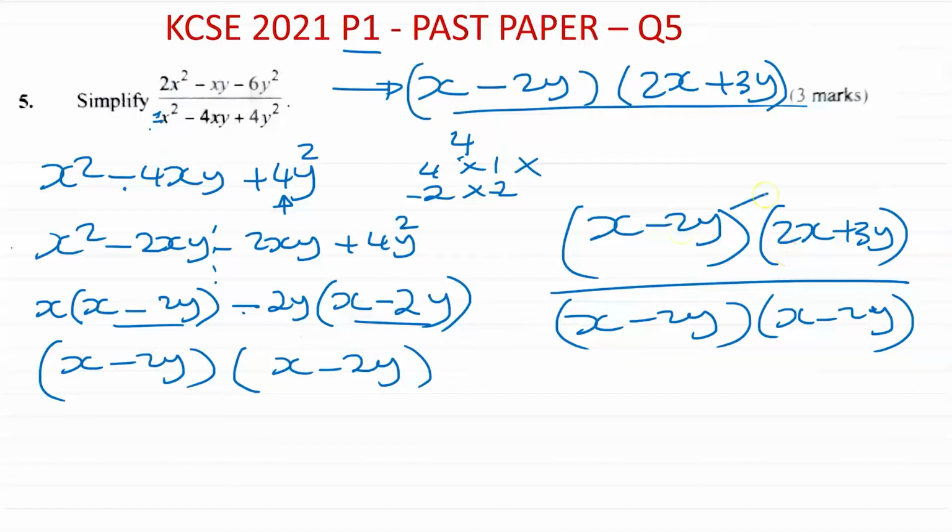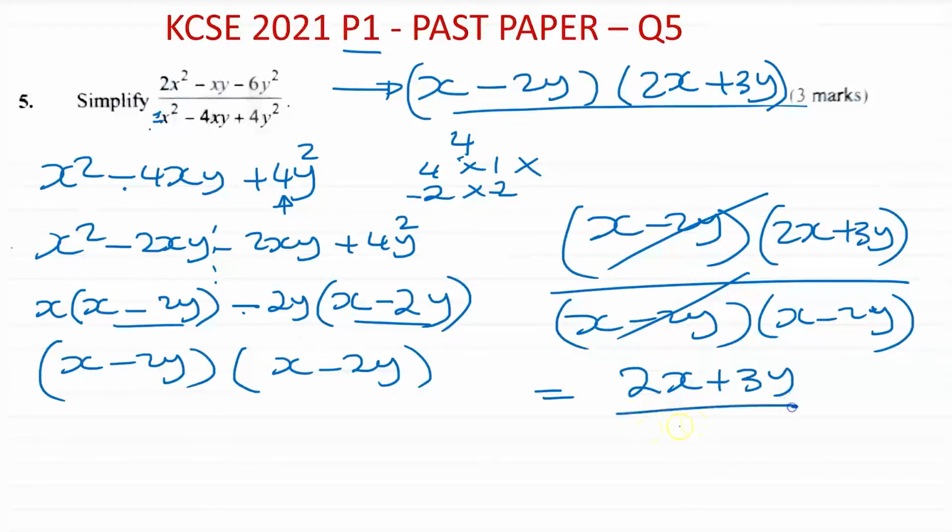That bracket and that bracket go, and the final answer is just going to be 2x plus 3y over x minus 2y. Alright guys, this is your final answer. That expression is now simplified. Thank you for watching guys, and bye for now.